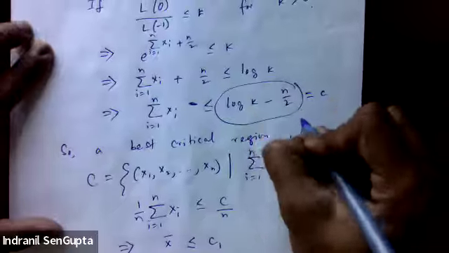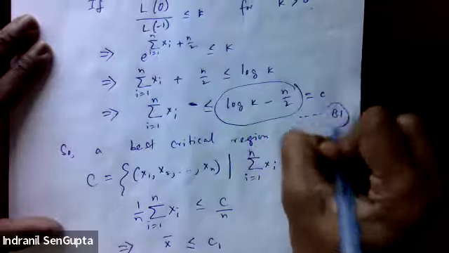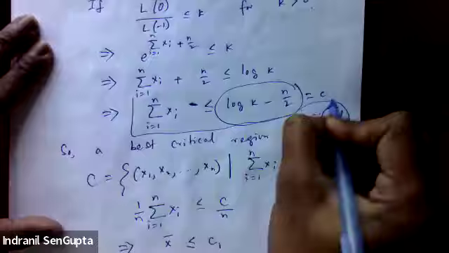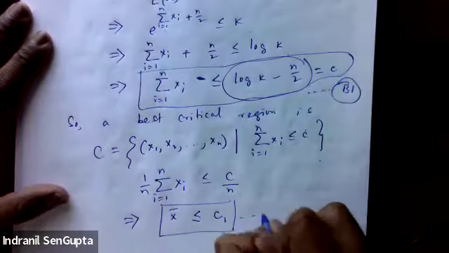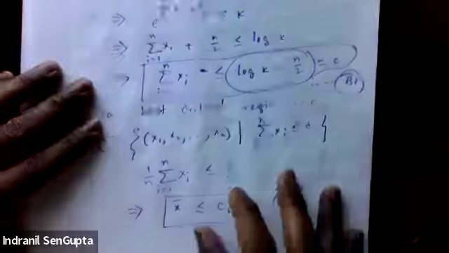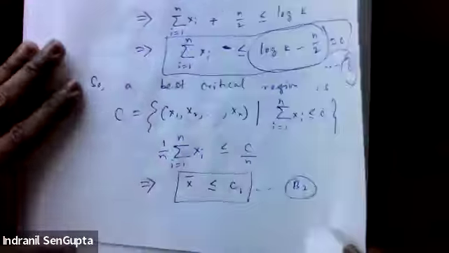By the way, this is my B1, the first equation for the critical region. This is my conversion to the next one, B2, if you compare with the last problem.